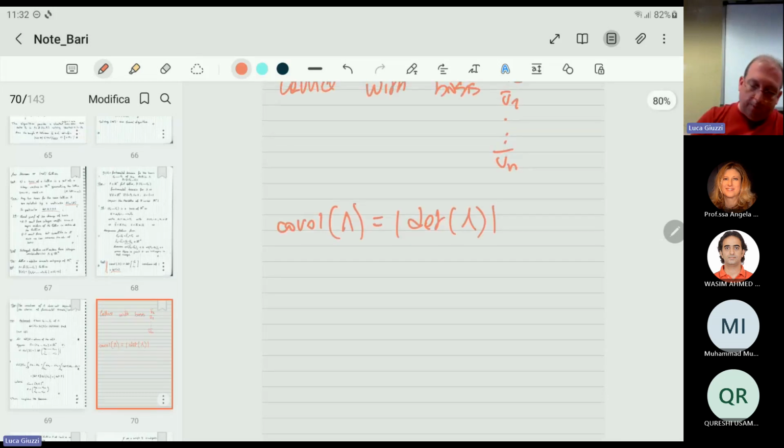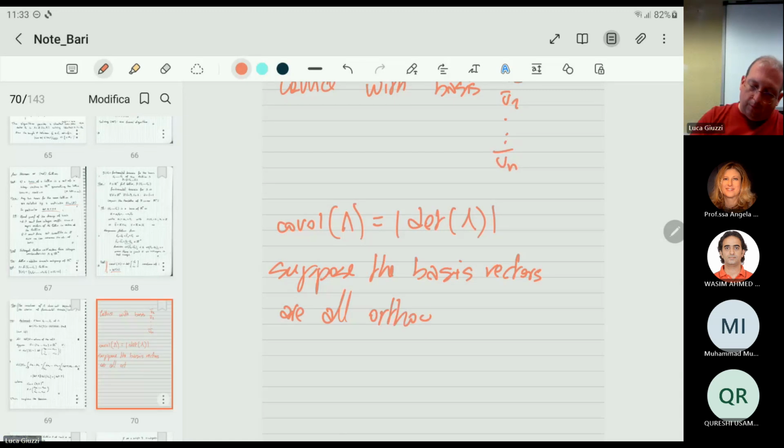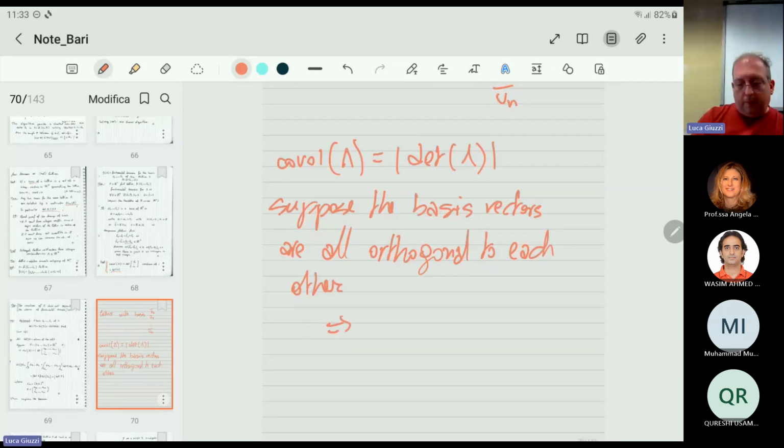But then suppose the basis vectors are all orthogonal to each other. Then the volume of the lattice is just, basically, if the vectors are all orthogonal, then our idea of volume is just to multiply the norms of these vectors among each other.